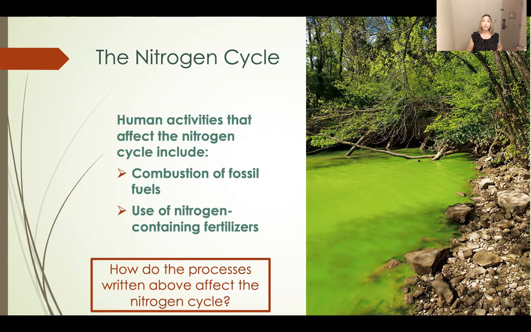And then the nitrogen cycle, I want you to know that it all depends on bacteria. Bacteria take nitrogen from the atmosphere and turn it into a molecule plants can use. When that nitrogen returns back to the soil, as plants and animals decay, bacteria take that nitrogen and put it back into the atmosphere. Okay, so you also have to know the human activities and what they do to the nitrogen cycle.